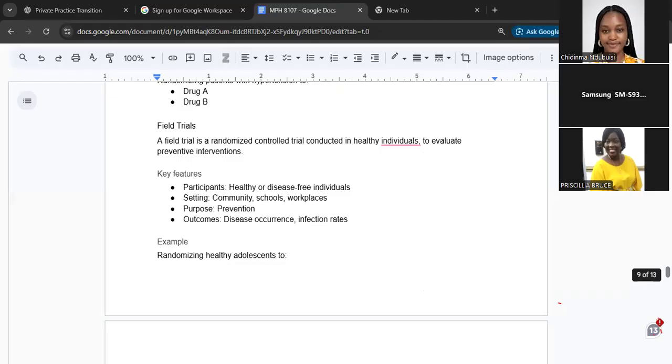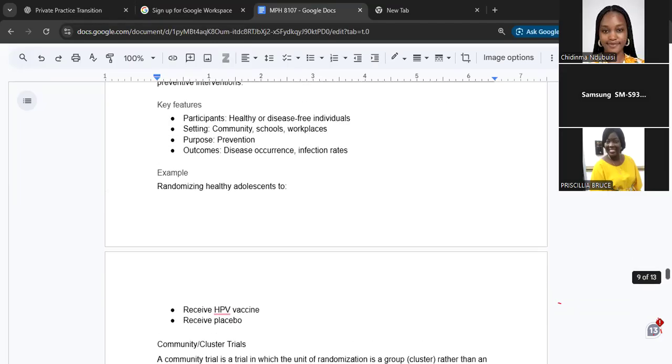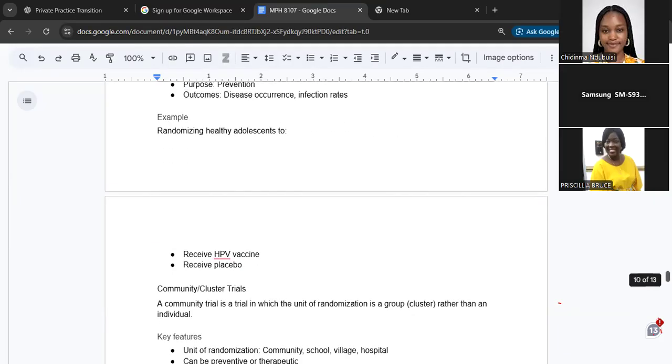Clinical trials are mostly in hospital settings among people who already have a disease. For field trials, we are carrying out our experiments among healthy individuals. Most times it is used to evaluate preventive interventions. So the example here is vaccination.